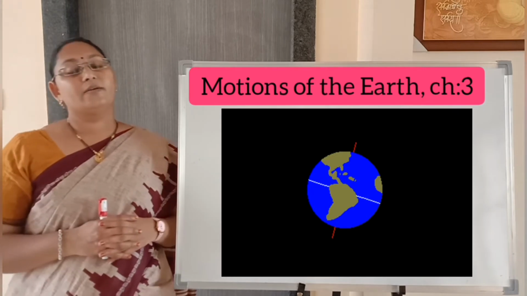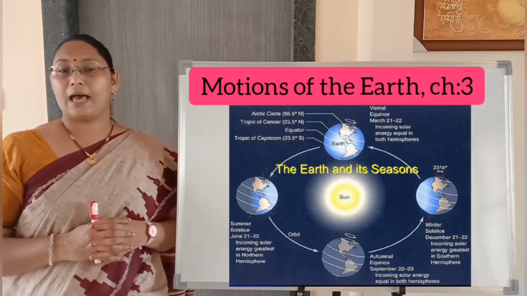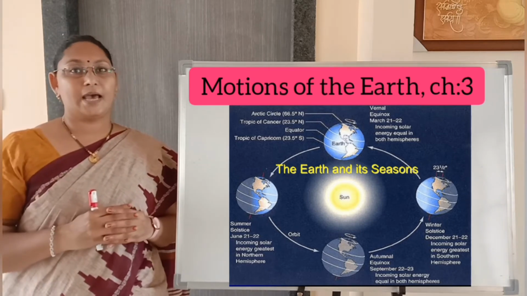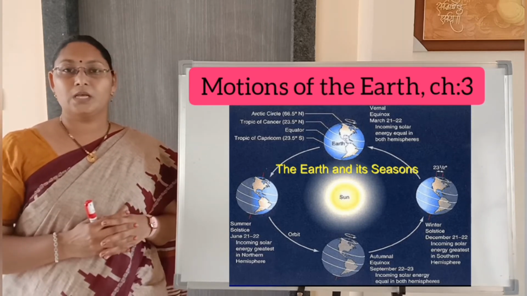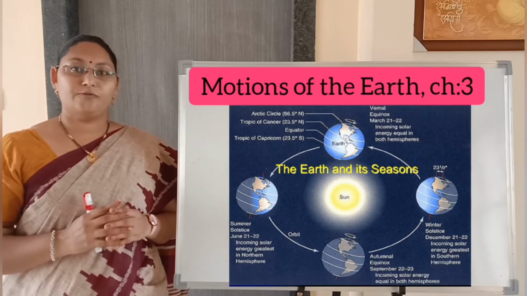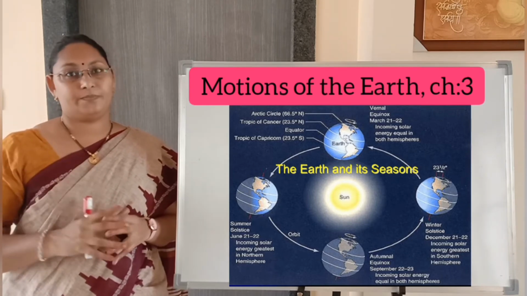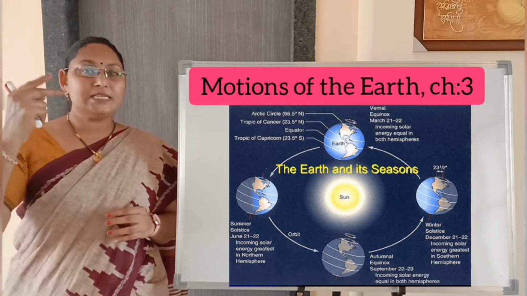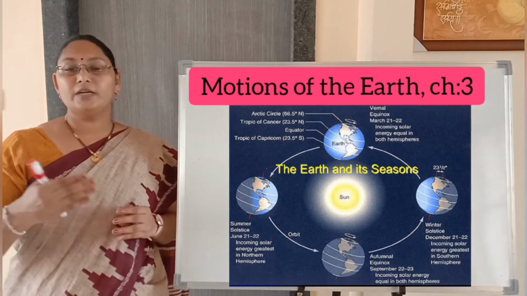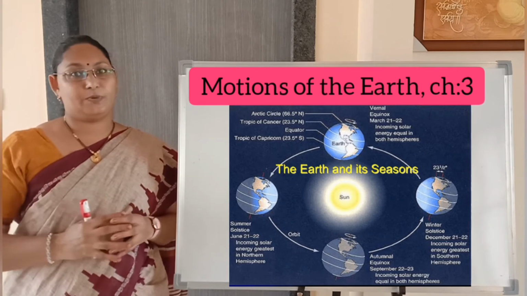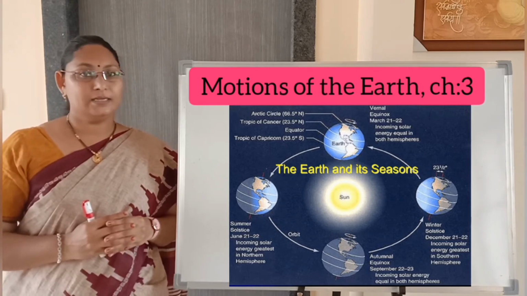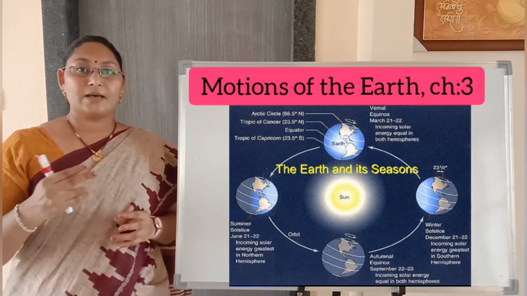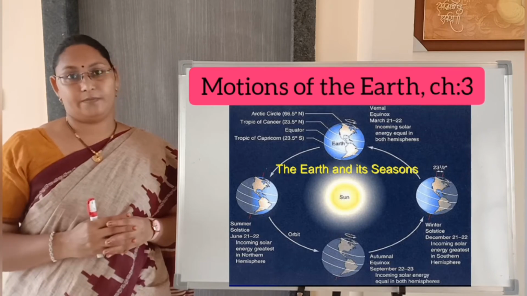Now we have to learn about the different seasons in the northern and southern hemispheres. The seasons are different in the two hemispheres. For example, if it is summer in the northern hemisphere, it will be winter in the southern hemisphere, or if it is winter in the northern hemisphere, it will be summer in the southern hemisphere.